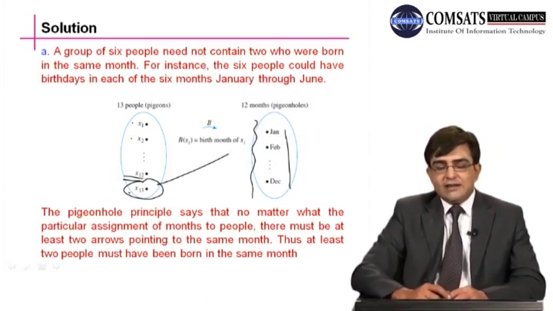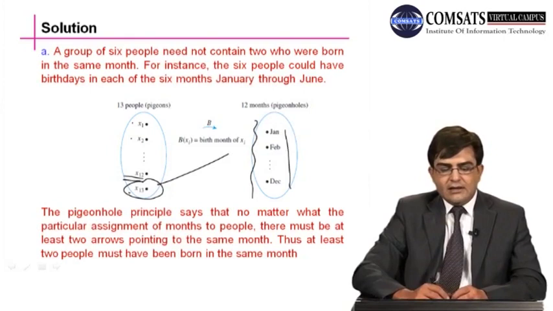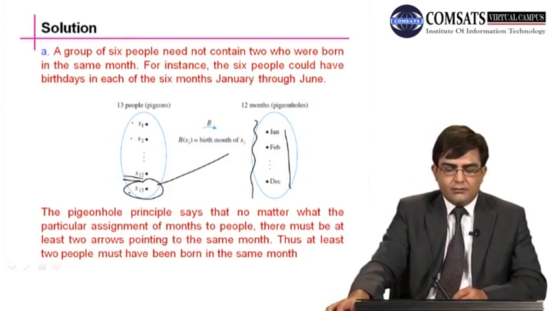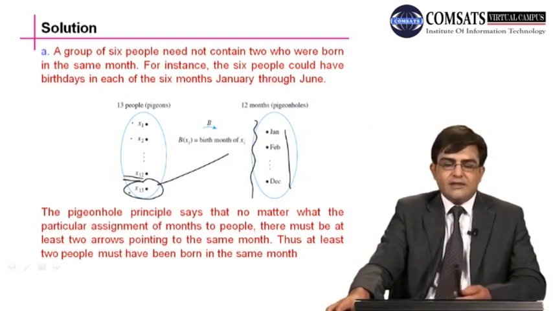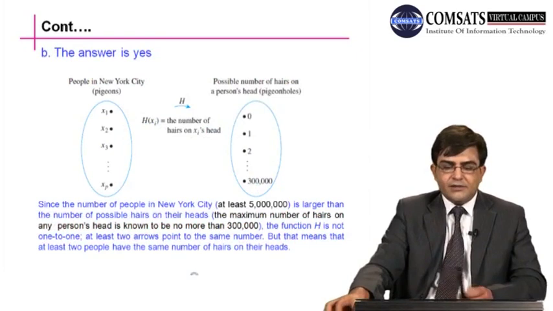Then we can see that there must be at least 2 people who were born in the same month. So by using the Pigeonhole Principle, 2 people must be born in the same month. This is basically what the Pigeonhole Principle says.